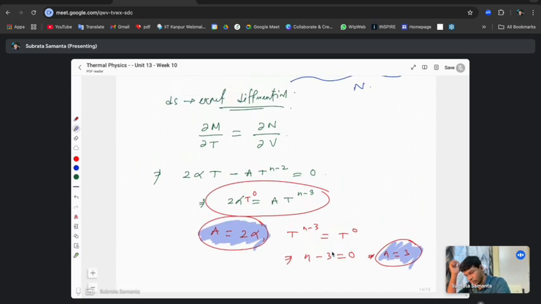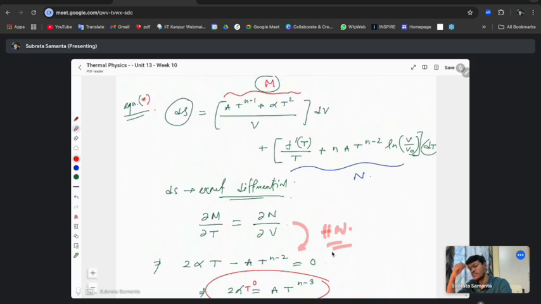So check this. Okay, so this is your homework, from this to this. Where M is given, so this is your M and this is your N, right?